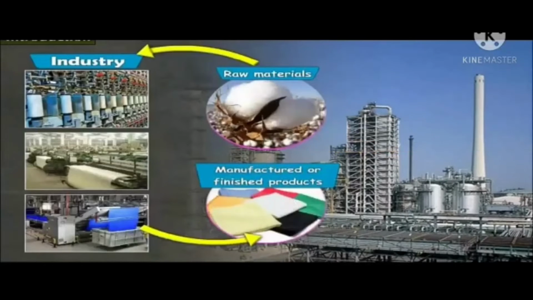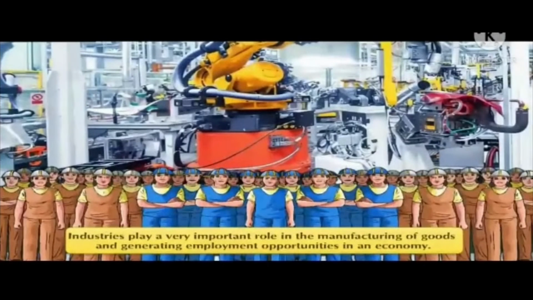So, the process of converting the available raw material into finished products is done in the factories or the industries. It is giving the manufactured on finished products. That is why an industry play a very important role in the manufacturing of goods and generating employment opportunities in an economy to the public sector.